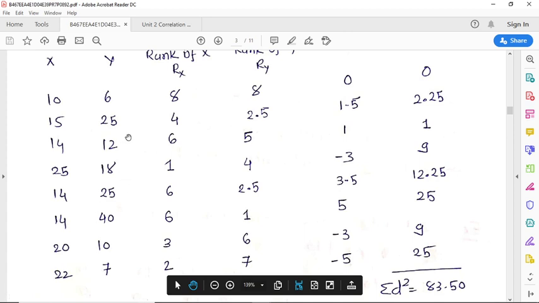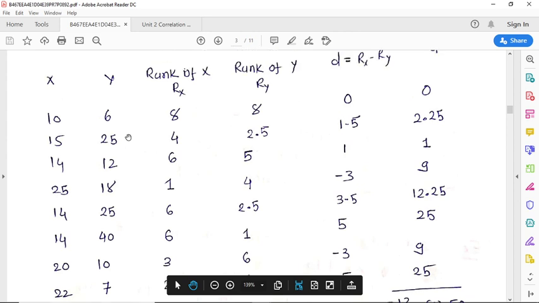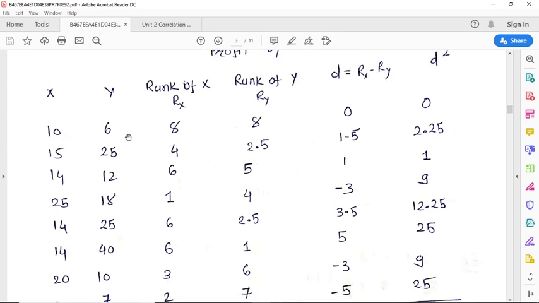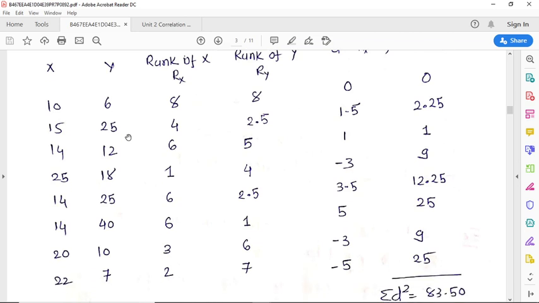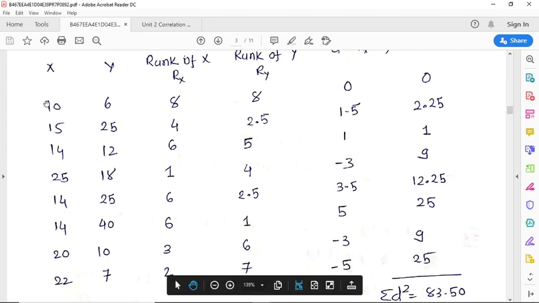So we first need the rank of X. Clear? Here we are using the highest value as 1. So 25 is the highest among all the data of this column, so 25 is 1.